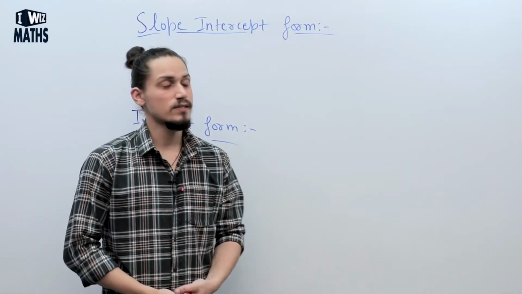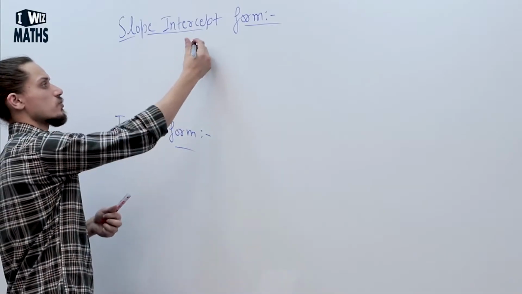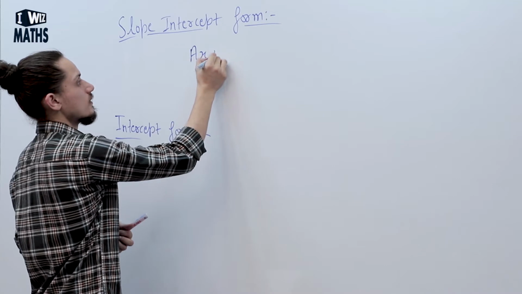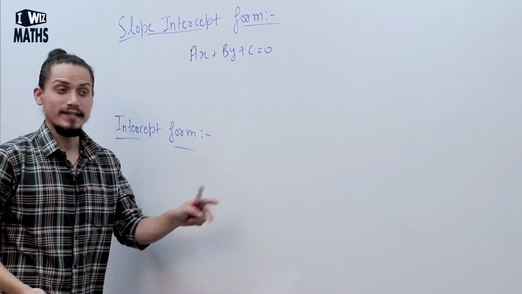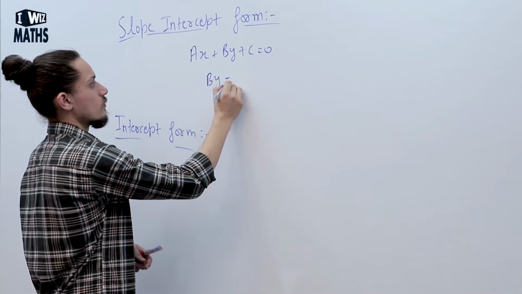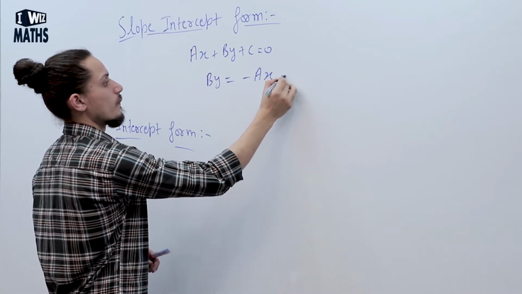Now the first form is slope intercept form. General equation of line is written as ax plus by plus c is equal to 0. We can also write it as by is equal to minus ax minus c.